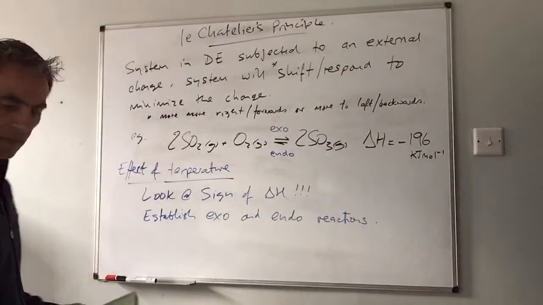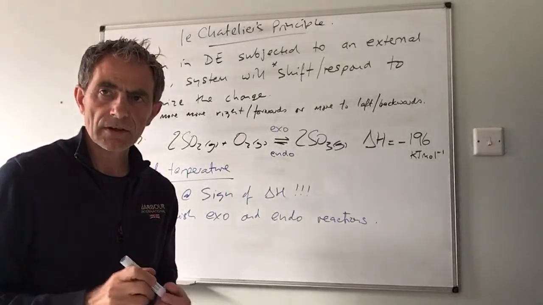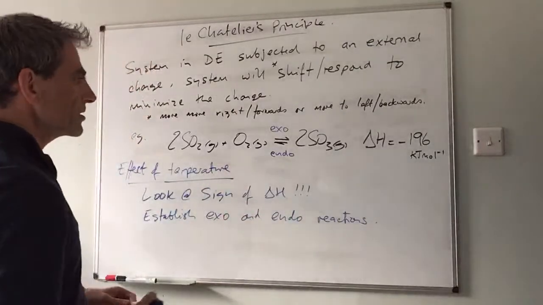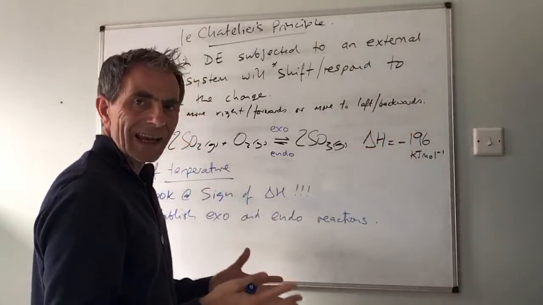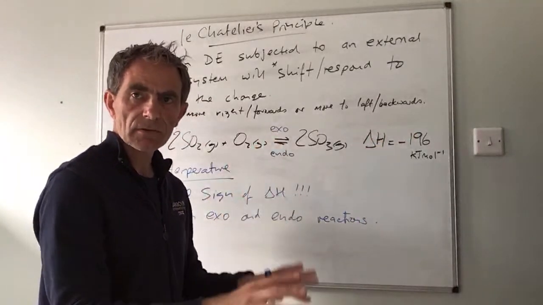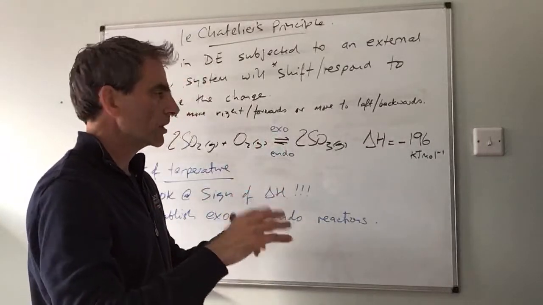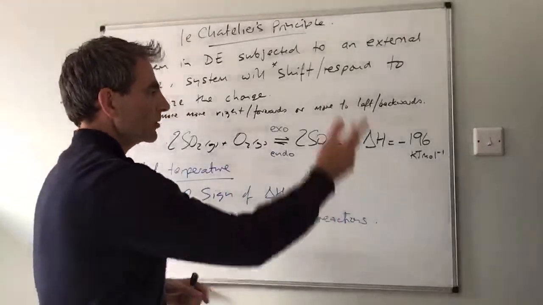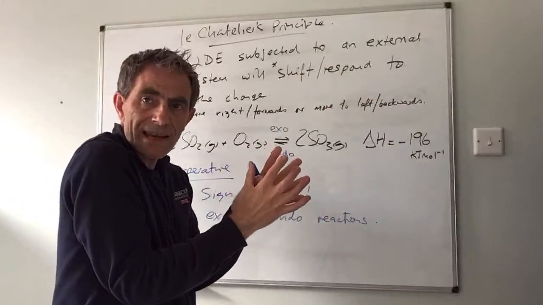Okay? Right, so this is how I was taught to think about it, and then the teacher would say, well, don't write this, but think about it like this because it helps. So if you've got this at equilibrium and you heat it up, it wants to get back to the temperature it was at equilibrium. So if you heat something up, which reaction is going to absorb that heat and take it away?